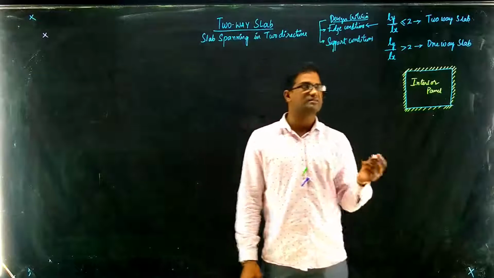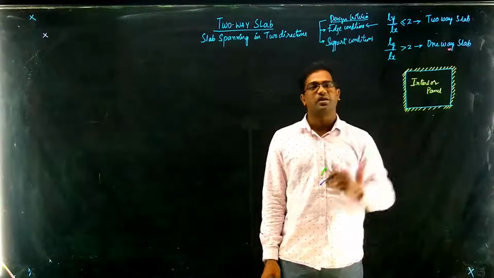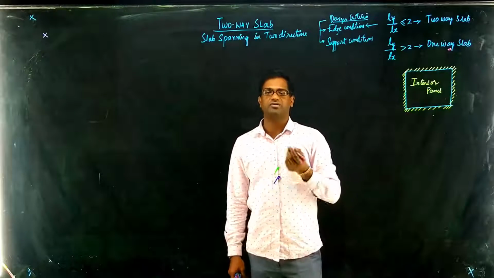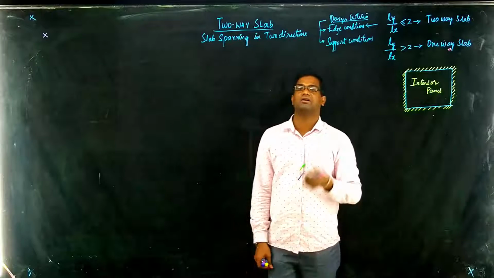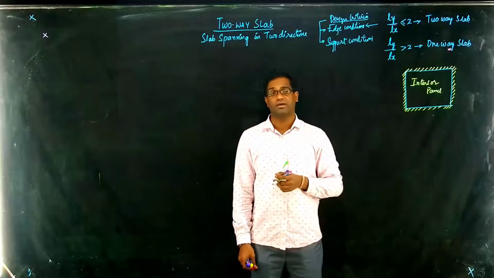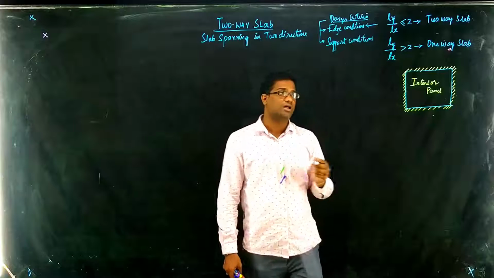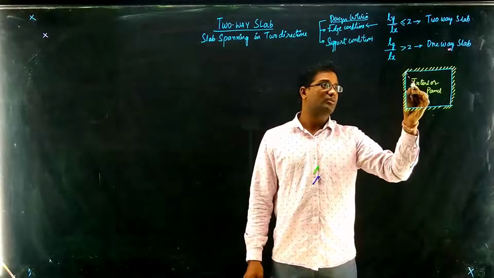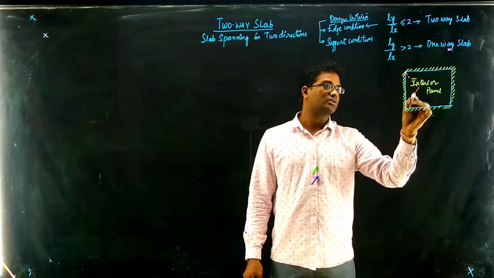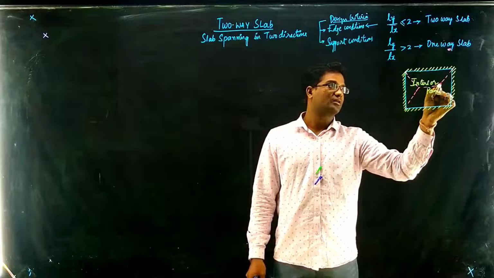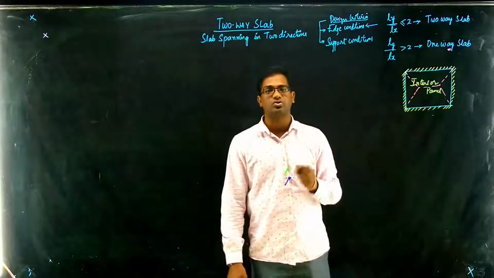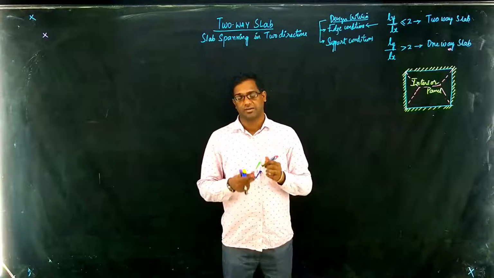In one-way slab we calculate the bending moment using the theoretical condition WL squared by 8. Whereas the analysis of these slabs is different because the analysis has to be done using yield line theory. The dotted line shows the crack pattern of the slab.